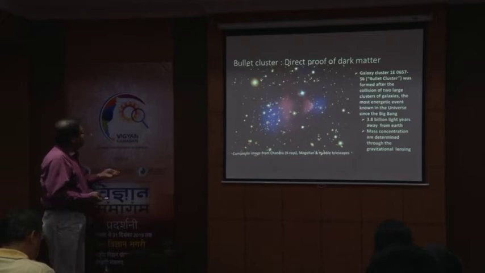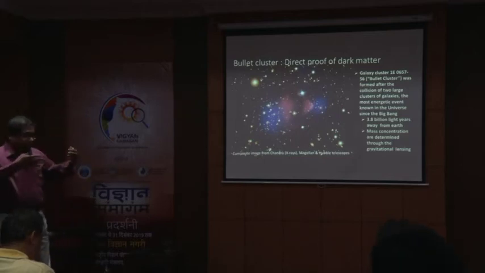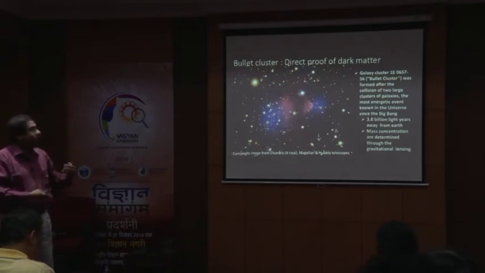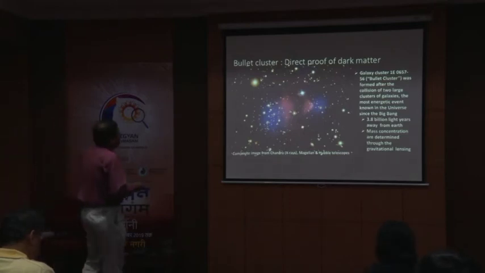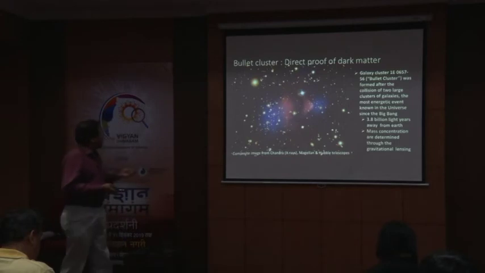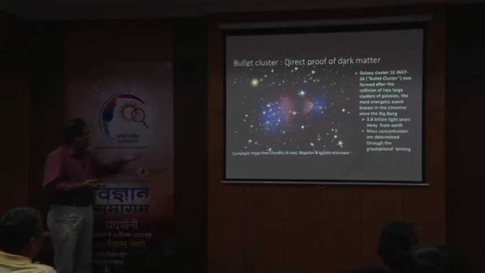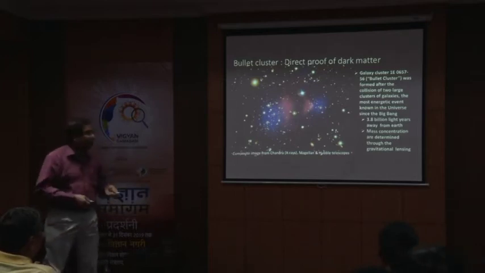Two galaxy clusters crossed, and you wanted to know where the mass is concentrated in the two galaxies. By the way, this is a composite image, from the Chandra telescope that takes the X-rays, and the Hubble and Magellan telescopes. So this is a combined image from all of these.